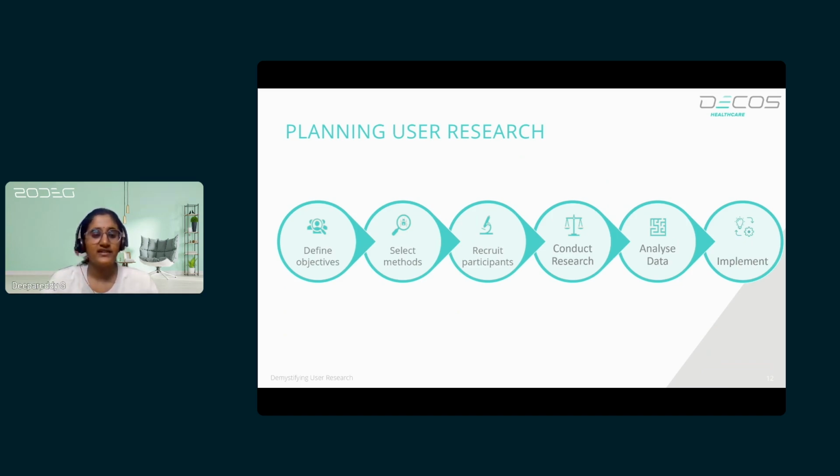The final important step is the actual implementation. We will apply all these gathered insights to refine and improve our designs iteratively. So implement, refine, and this cycle goes on until we get the actual product that we are looking for. We will deep dive into each of these steps in the following slides.